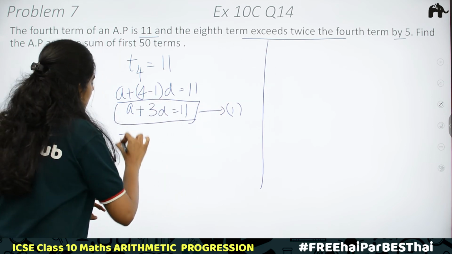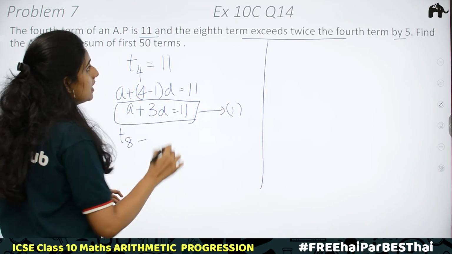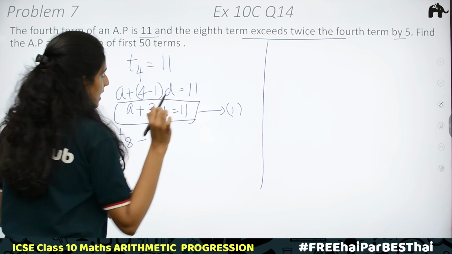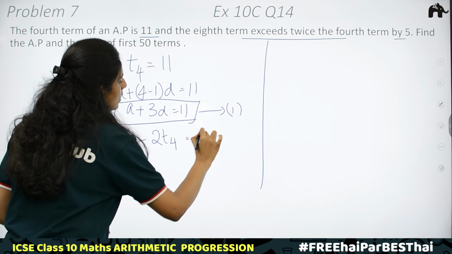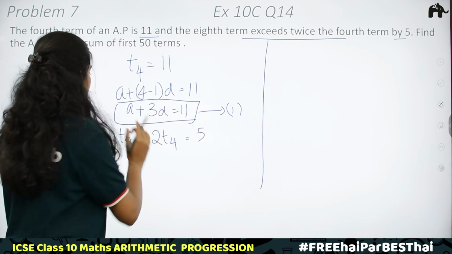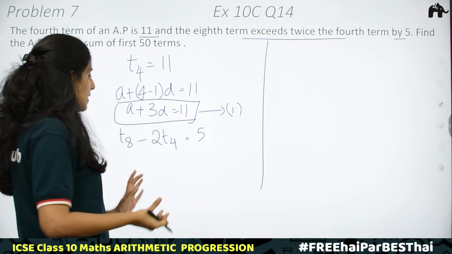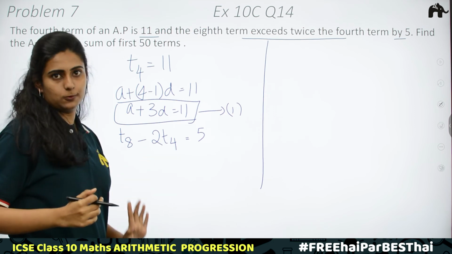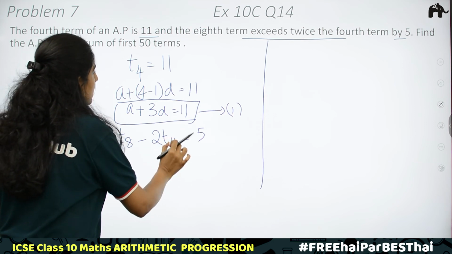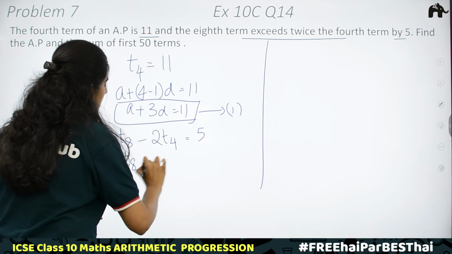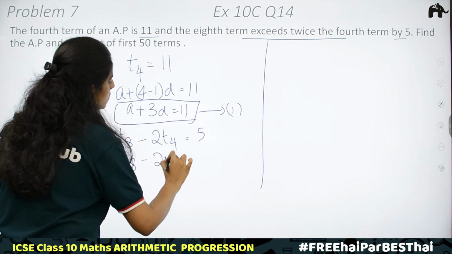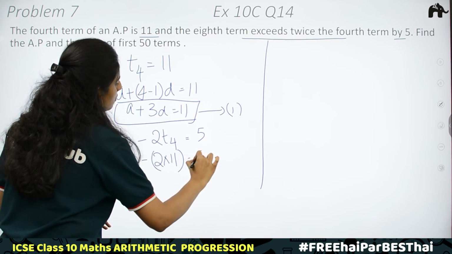T8 minus 2 times the fourth term T4 is equal to 5, or T8 is equal to 5 plus 2 times T4. Now we have T4 is equal to 11. Substitute here: T8 minus 2 into 11 is equal to 5.